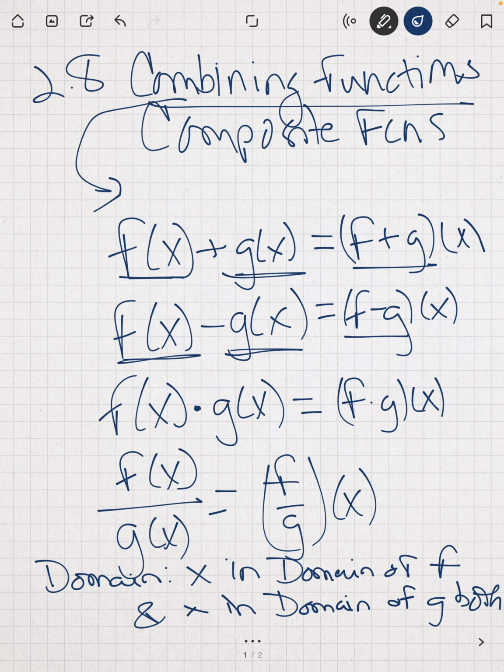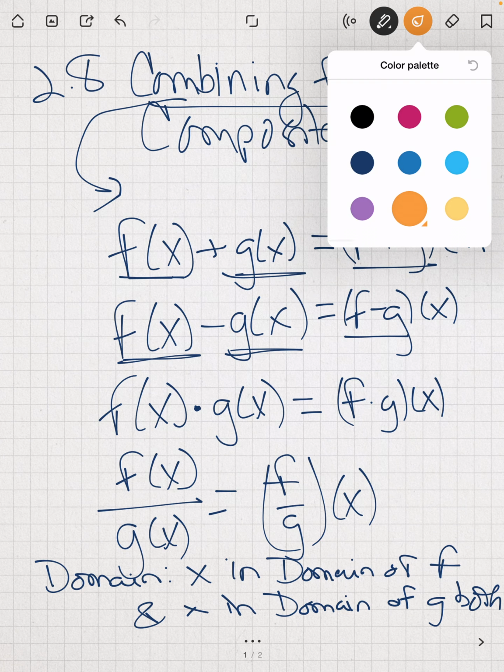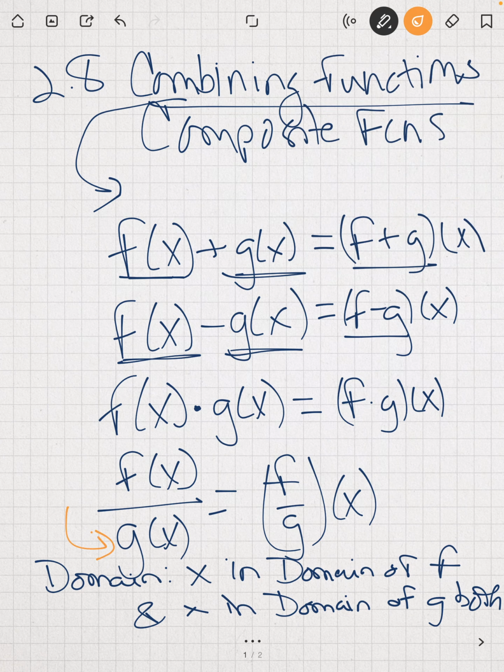The only exception is that for the quotient we exclude x where g of x equals 0, because we can't divide by 0. So our domain will be the x values for which f is defined and g is defined, unless we're looking at our quotient, and then we also exclude those where g of x is equal to 0.